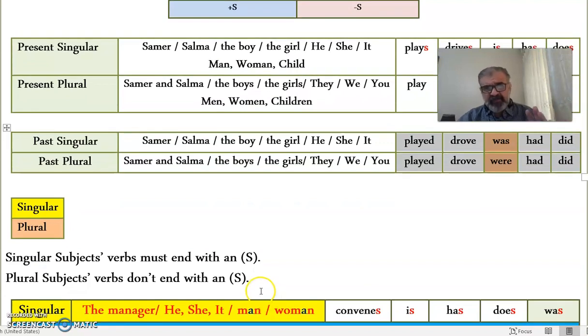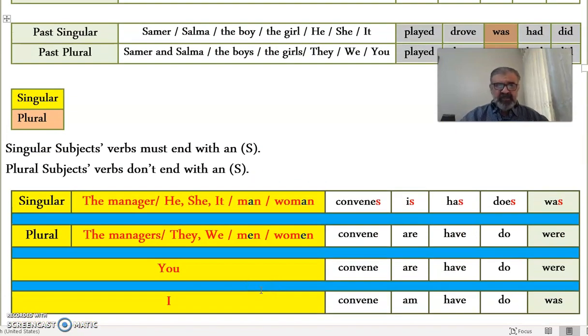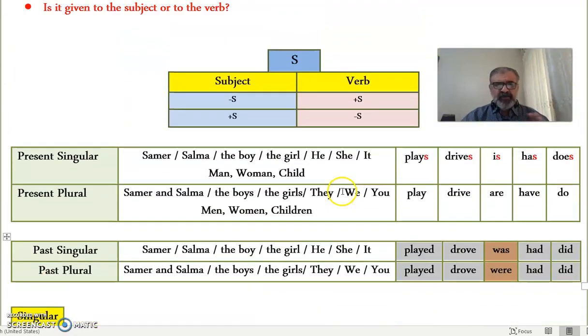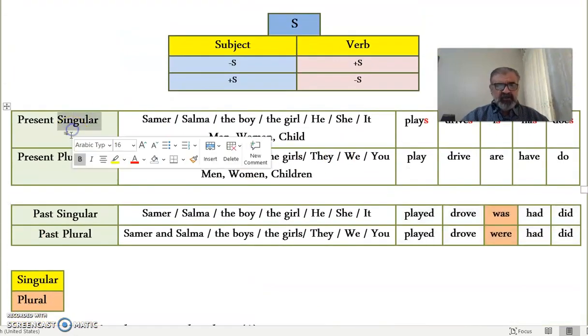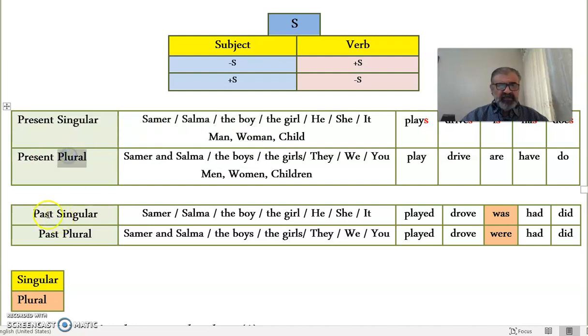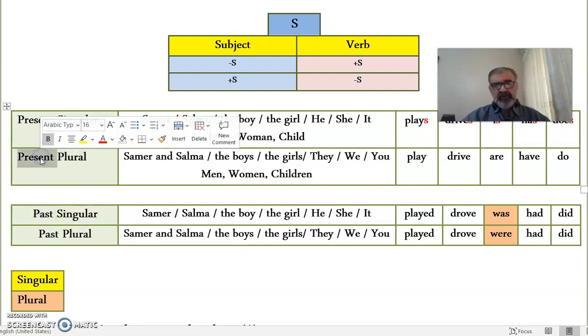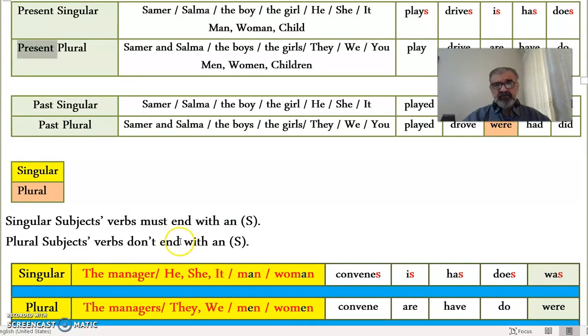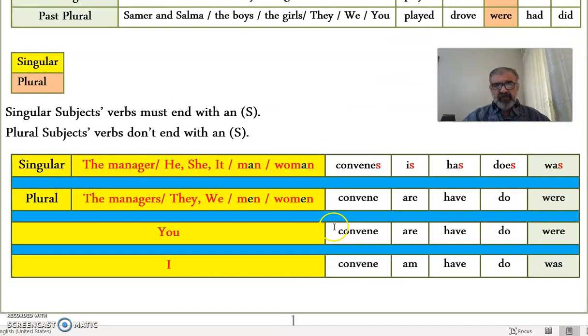Now, I have summed up what you have been studying through years of studying English. In less than 1 minute, I'm going to show you how you can differentiate between singular, plural, past, and present. Let me show you. Now, look at this one.